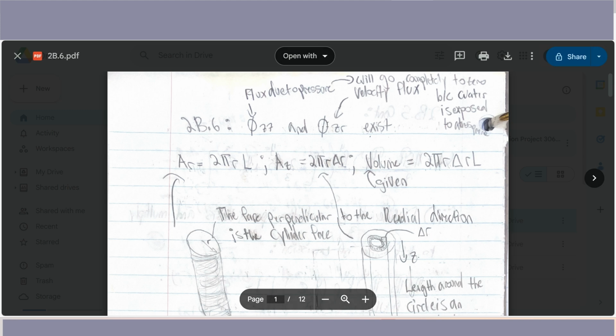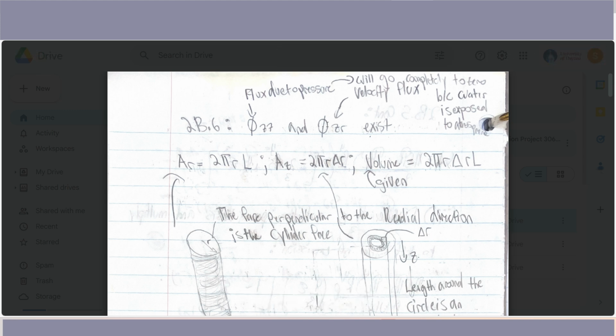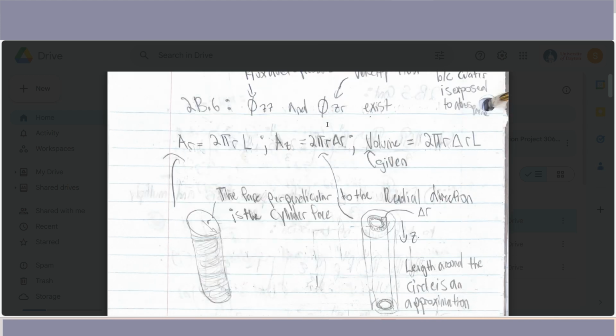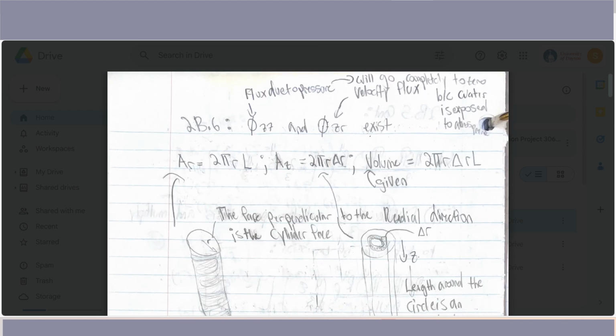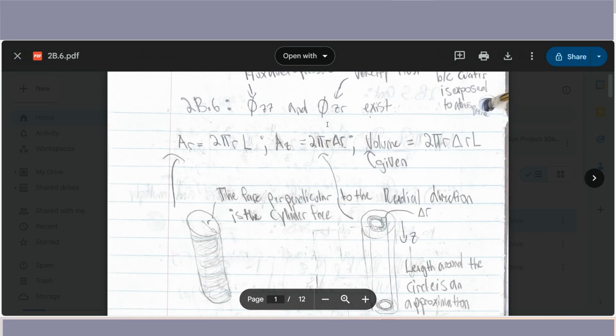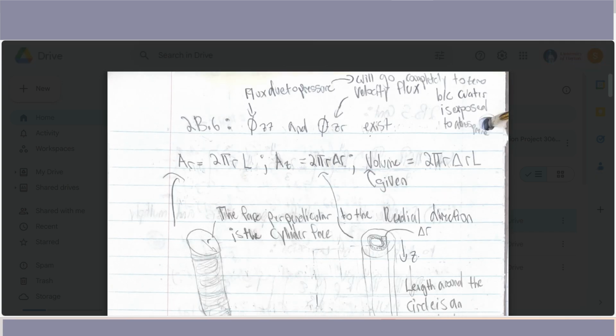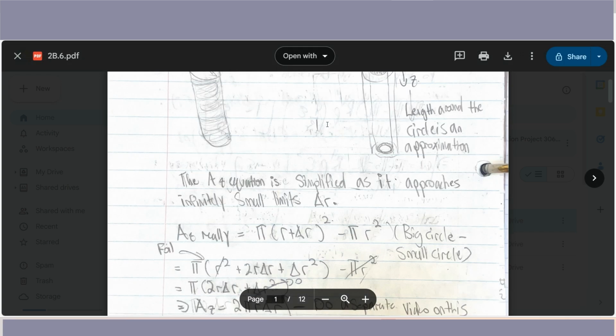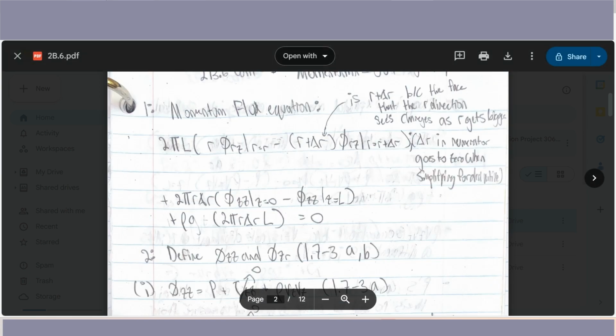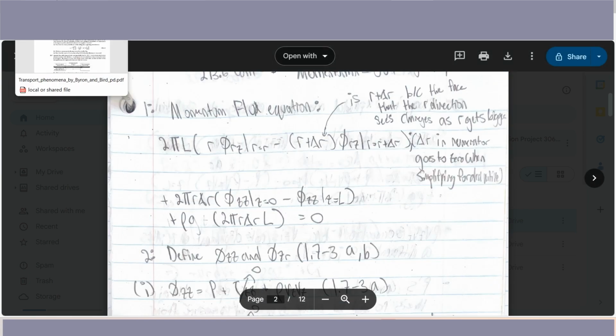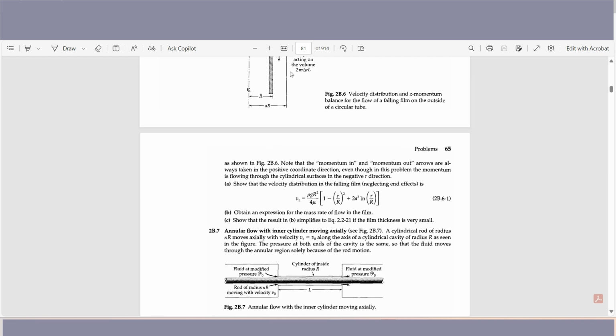For this problem, there's going to be a pressure gradient and a velocity gradient, and the pressure is going to be due to gravity. And wait, does that make sense? No, sorry, never mind.